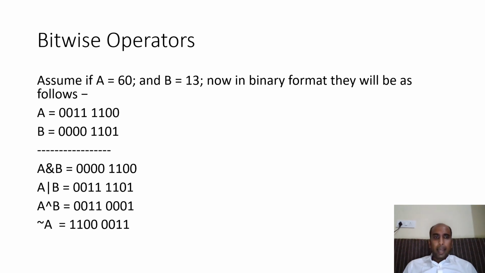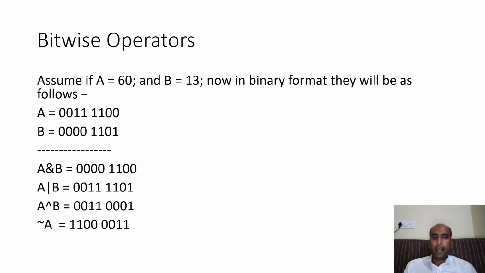And, or, and XOR we have already discussed. What about one's complement? Sorry, in one's complement, all 0s become 1s and all 1s become 0s. So look at the binary form of a: 0 0 1 1 1 1 0 0.